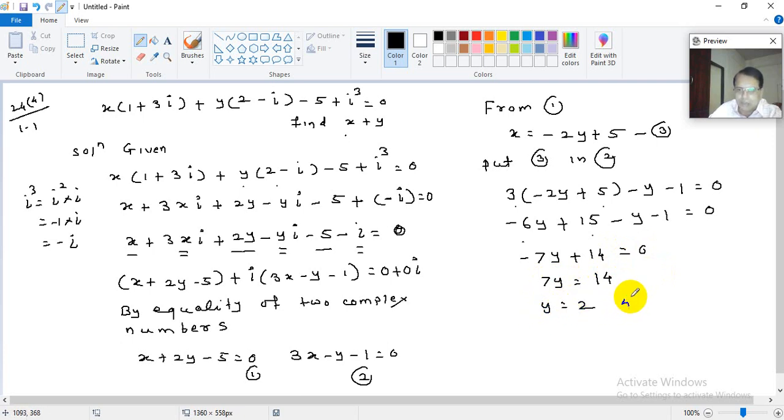This is result number 4. Now put y = 2 in 3.